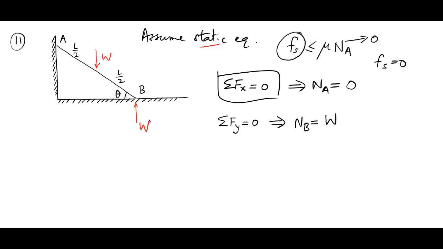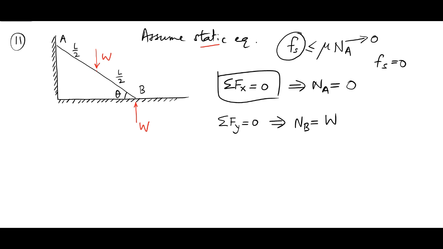So I have reached a stage where I can no longer apply any force equation. I've already utilized sigma Fx and sigma Fy equal to 0, and the FBD has become quite simplified. There are two forces, each of magnitude W. One of them acts at the midpoint of the rod, the other one acts at one of the end points of the rod.